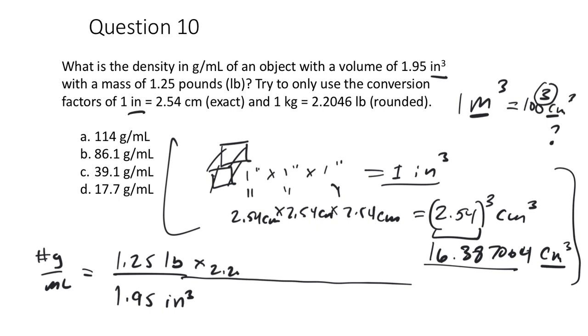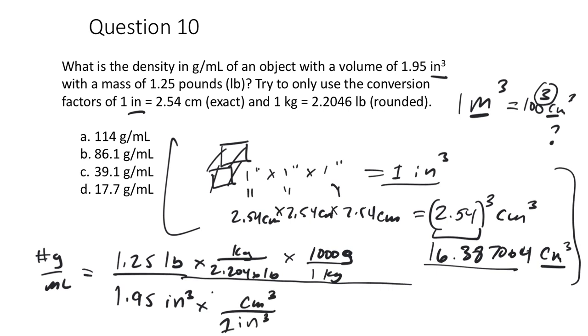So I go 2.2046 pounds per kilogram, and 1 kilogram, 1,000 grams. And then my inch conversion here, again, I think my conversion from inch to cubic centimeters, so 1 inch cubed is going to be 2.5.